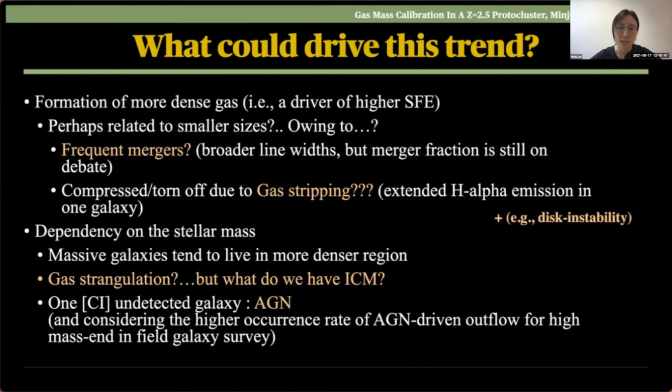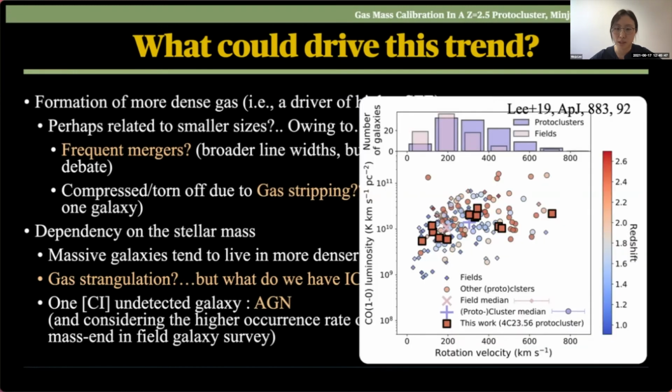The formation of the denser gas may be related to frequent mergers, because we found from the literature, by gathering all the available CO line widths in protocluster, that the galaxies have 50% wider CO line widths. So it may be relevant to unresolved mergers, but it can also be explained by the smaller size at fixed dynamical mass.